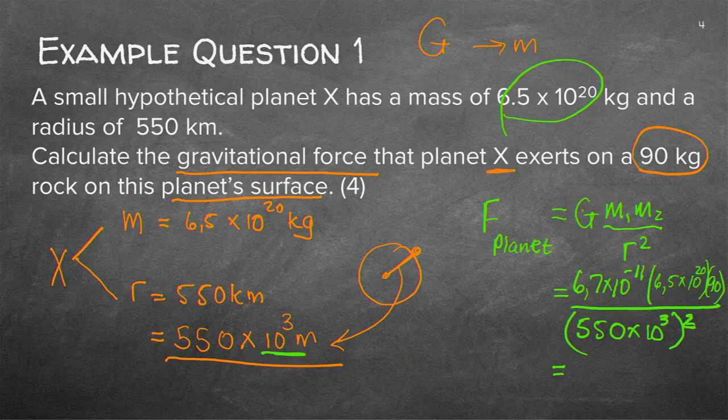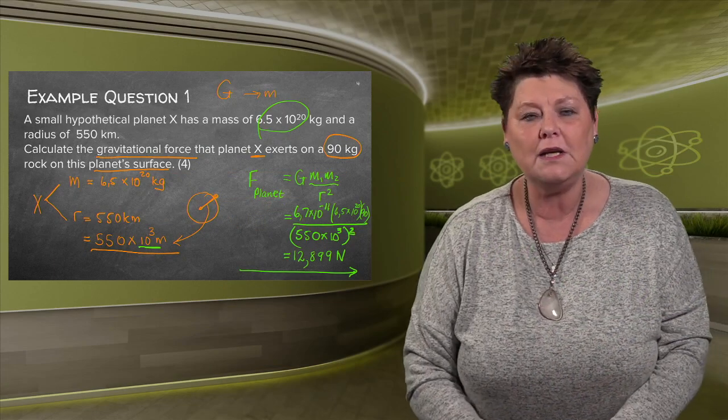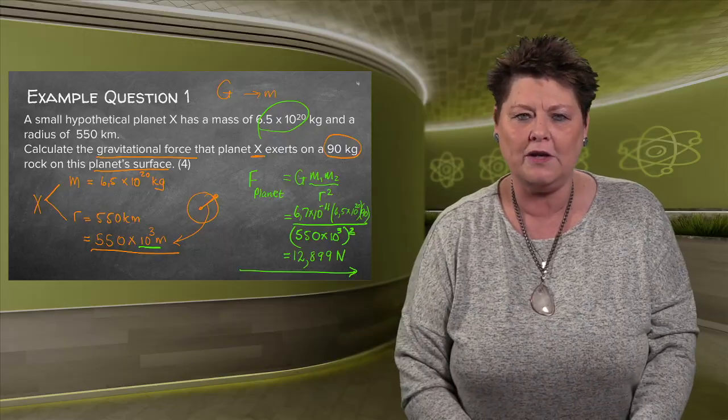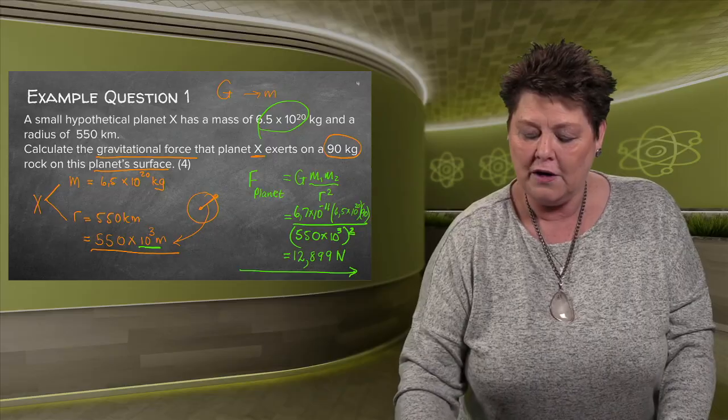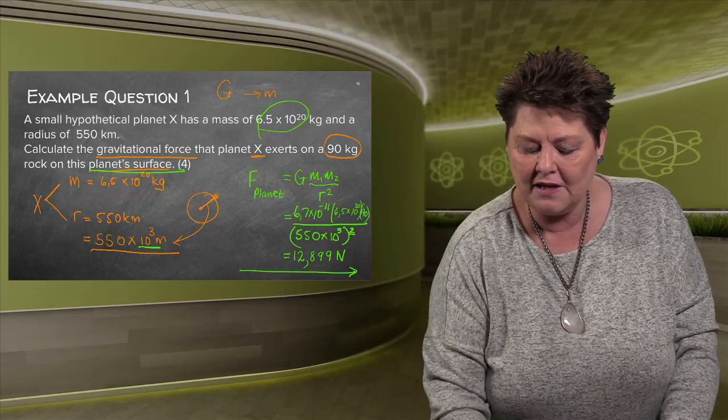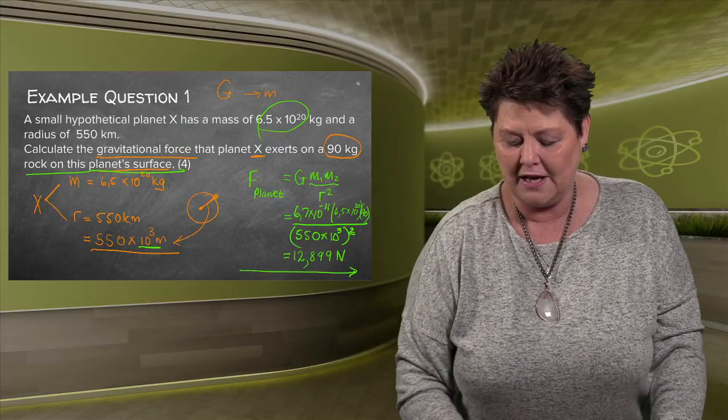Remember the square. And see if you get the same answer as I did. I got 12.899 Newton. See if you get the same answer as I did. And if you didn't, go back and redo your calculation. This is a fairly simple way of being asked. They gave you the distance and they gave you the two masses.